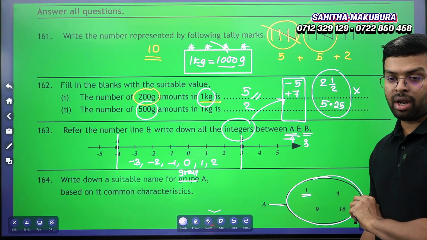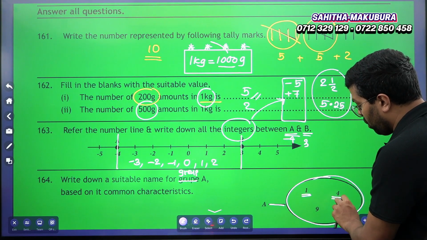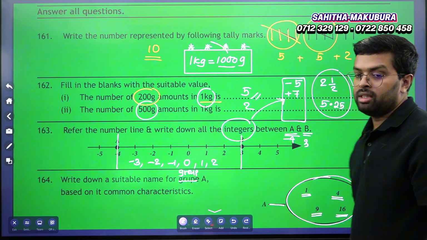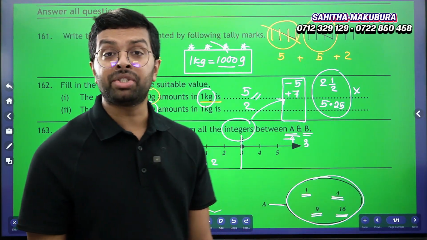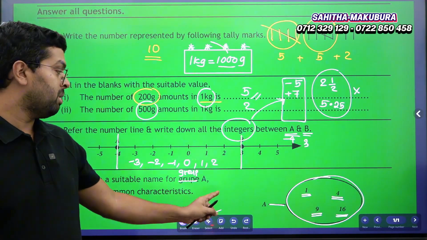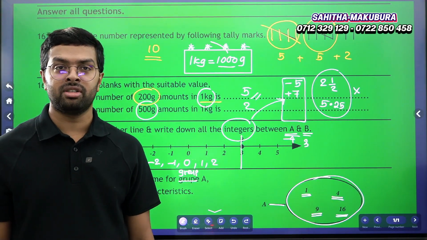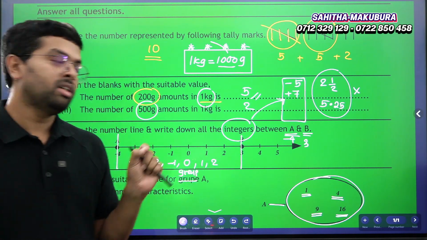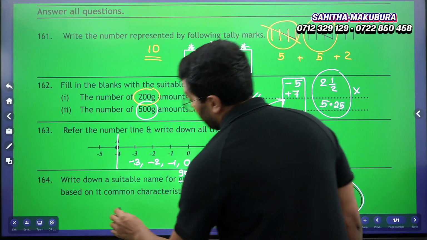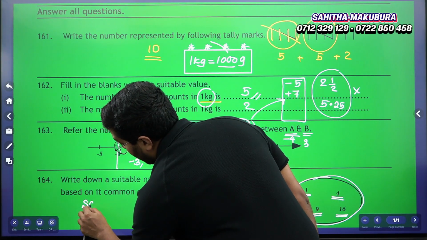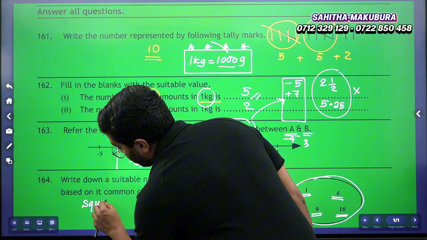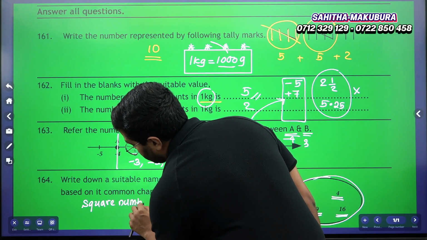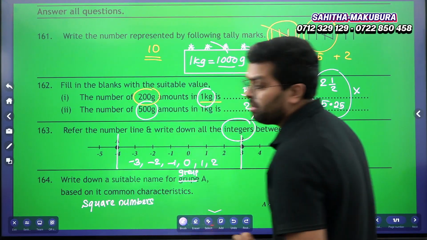We have number 1, number 4, number 9, number 16. These are some special numbers. Can you remember what kind of numbers these are? Yes, square numbers. So these are called square numbers. Do we have all the square numbers mentioned here? No.